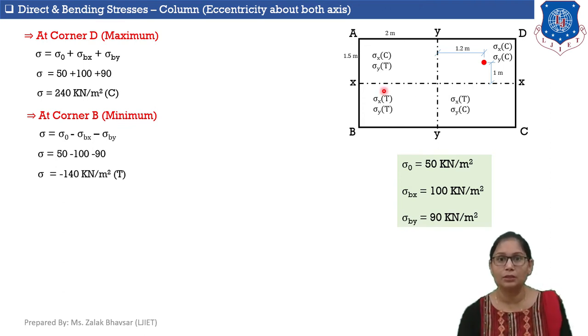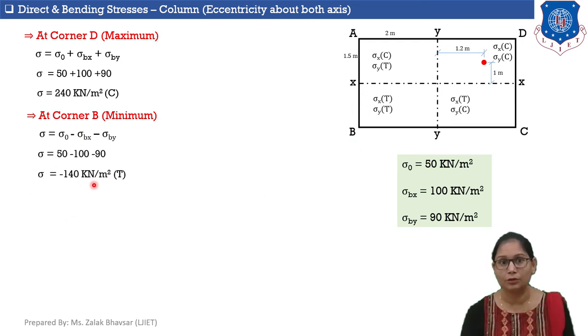It means in both axes, tensile bending stresses will be developed, so I am taking negative values of tensile bending stresses. Putting the values of sigma 0, sigma Bx and sigma By as calculated in this equation, I am getting total stress developed at corner B equal to minus 140 kilonewton per meter square. This negative value indicates that the generated stresses are tensile in nature.